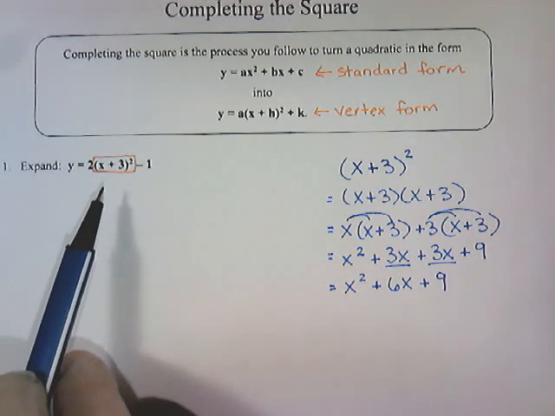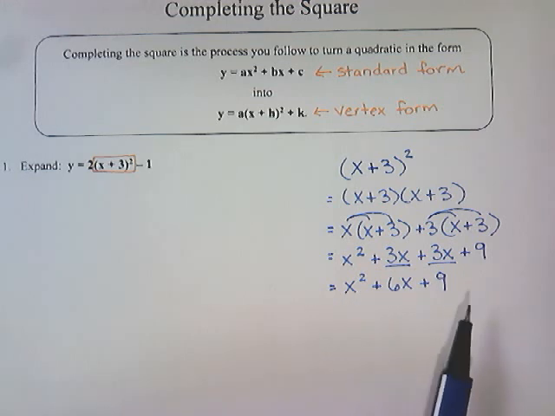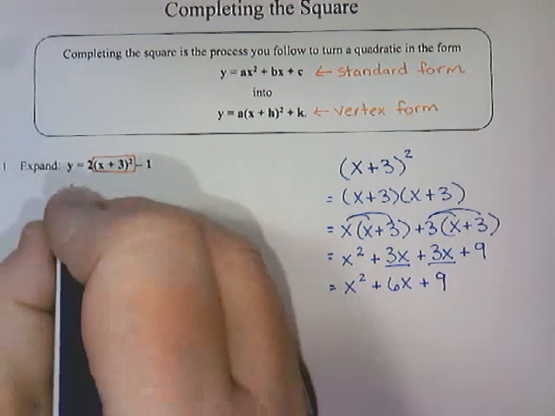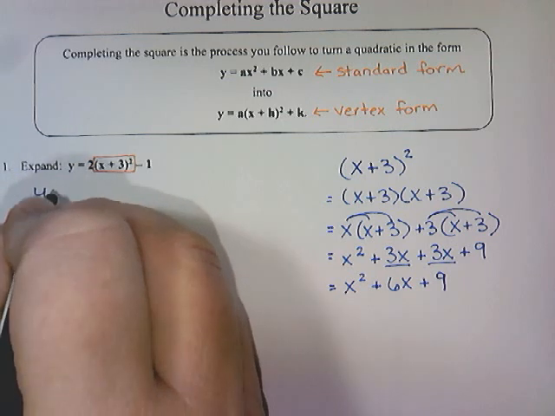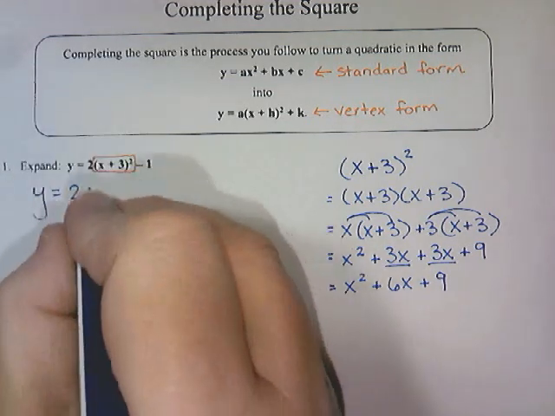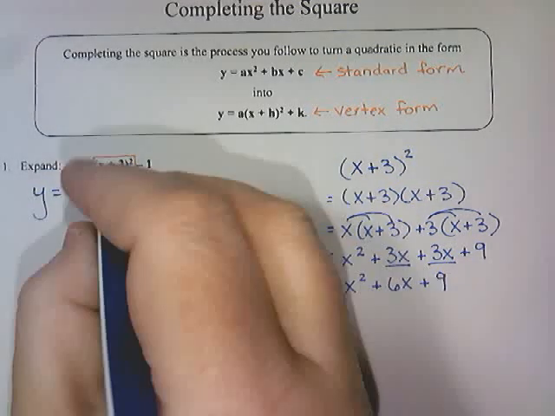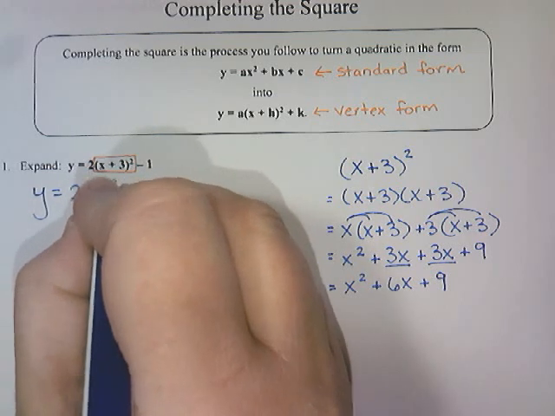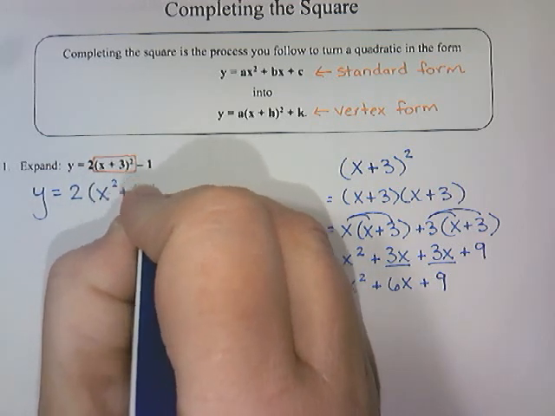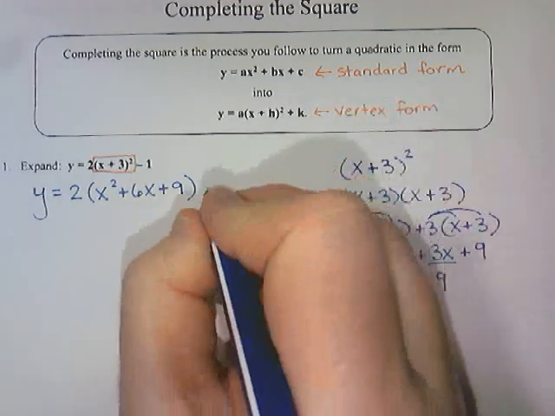So over here, I'm going to take out the x plus 3 squared and put in x squared plus 6x plus 9. So this is now going to be y equals 2, and then times, so I am going to use a bracket to show the multiplication, x squared plus 6x plus 9. And then we still have that minus 1.